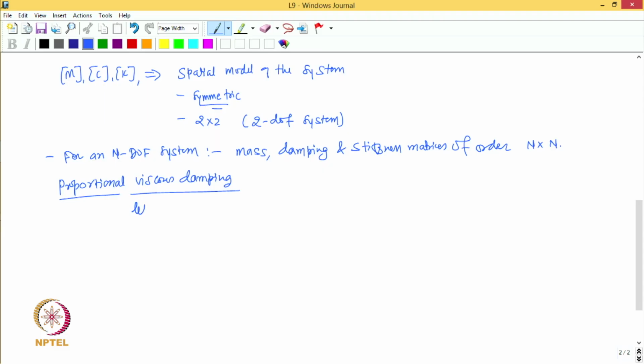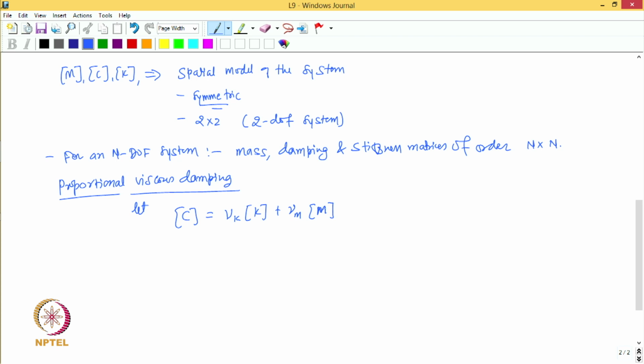So, let C be equal to nu k, the proportionality coefficient, times K, plus nu m times M, the mass matrix.